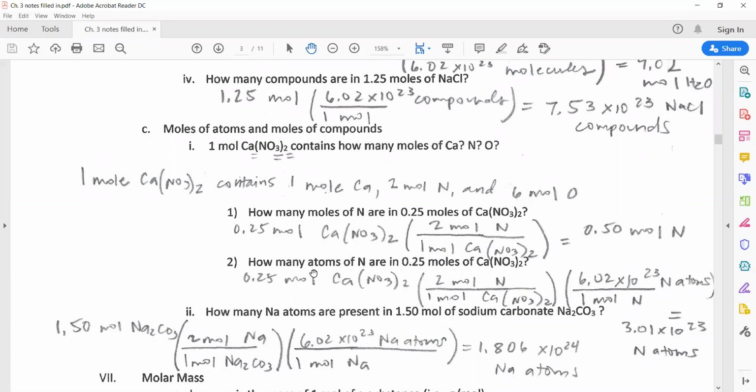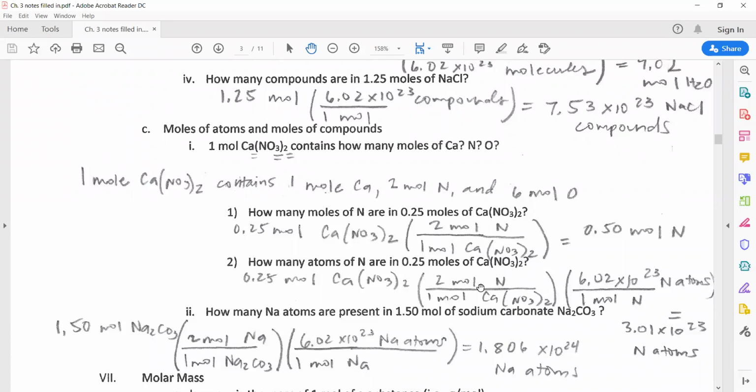It says how many atoms of nitrogen are in, oh, so this time it's asking atoms rather than moles. So how many atoms of nitrogen are in 0.25 moles of calcium nitrate? So start similarly, 0.25 moles of calcium nitrate, and we get to moles of nitrogen from the formula because 1 mole has 2 moles of nitrogen. That's the same step that I just did previously.